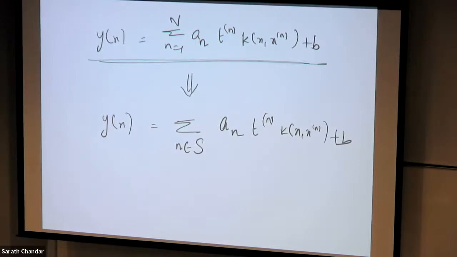Now the good news is, even if you have a million data points, maybe there are only 100 points in the margin. We are going to call these data points, which are crucial for the prediction, support vectors.